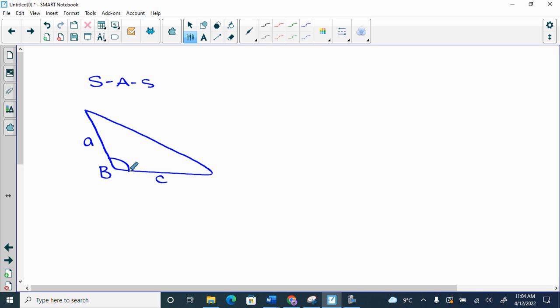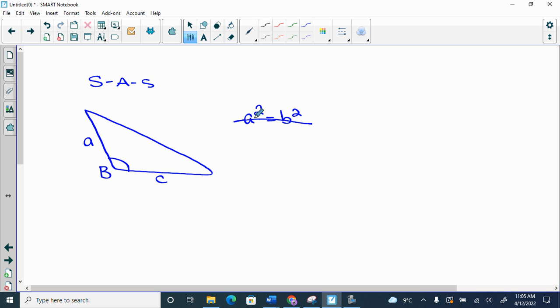Now the problem comes in for you guys is that if we don't have the third side, we have to find it first, right? That's the first thing we always have to find, even if they ask for an angle. So when you have SAS, the first thing you have to do, you're going to do a squared equals b squared. Well, in this case, it wouldn't be that.